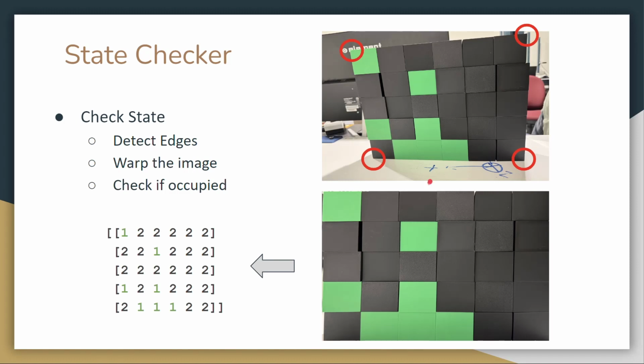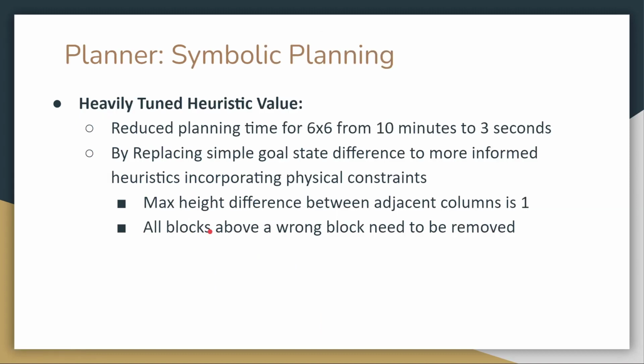For the state checker, we first warp the image to make the state look clearer, and then we check if it's occupied. 1 means there's a green block there, and 2 means there's a black block there. If it's -1, then it is unoccupied.